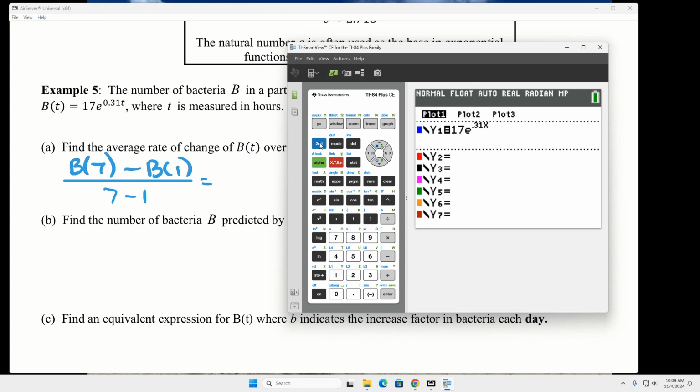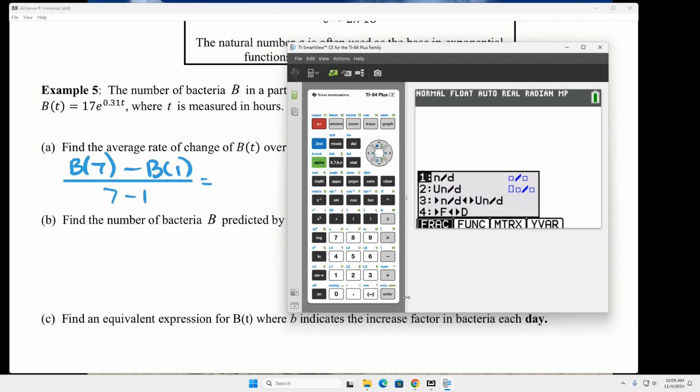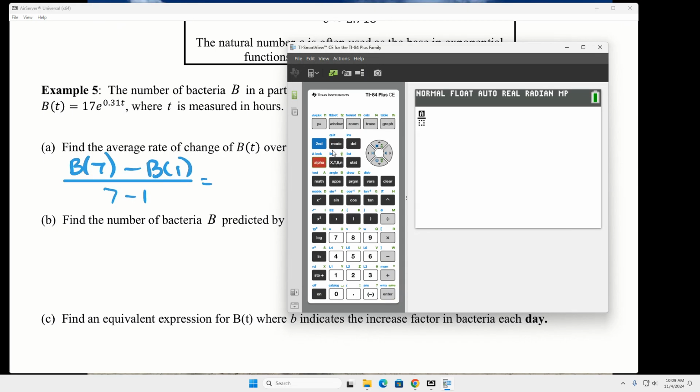Okay. So once you get that typed in, you'll have to use X instead of T. Then you can just go to the home screen, get your little fraction guy, and because it's in y1, we would just do y1 of 7 minus y1 of 1 over, you can do 7 minus 1, or you can just do 6, whichever you want to do.